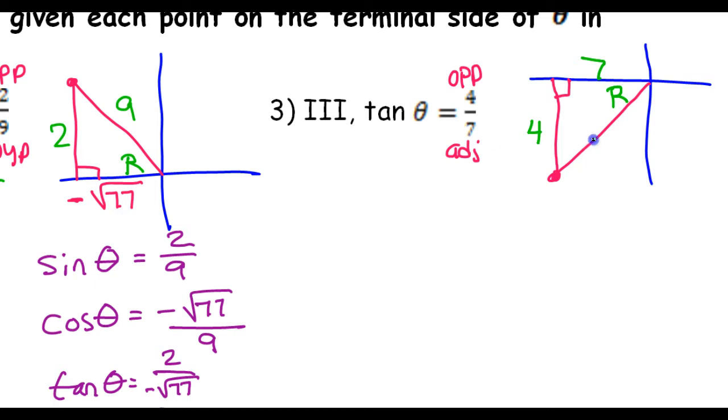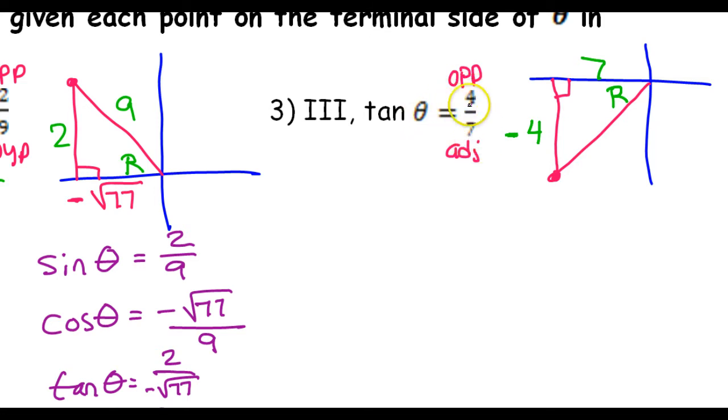But wait, first of all, we need the signs on here, meaning positives or negatives. So this 4 that's right here, should this be positive or negative? This should be a negative 4. Even though I'm looking at the tangent, it's 4 over 7.